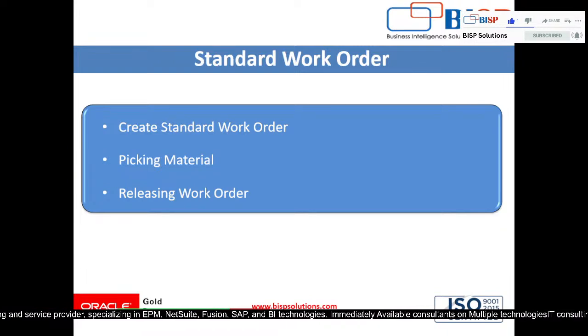So first we will create the standard work order. Later on we will perform the material picking, and at the end we will release this work order, picking and releasing at the same time, right? Let's move to the application and start creating the standard work order.